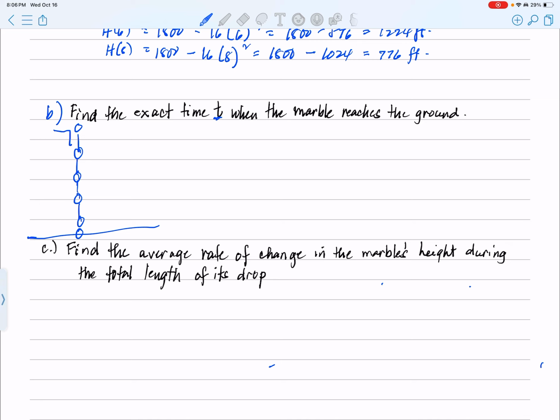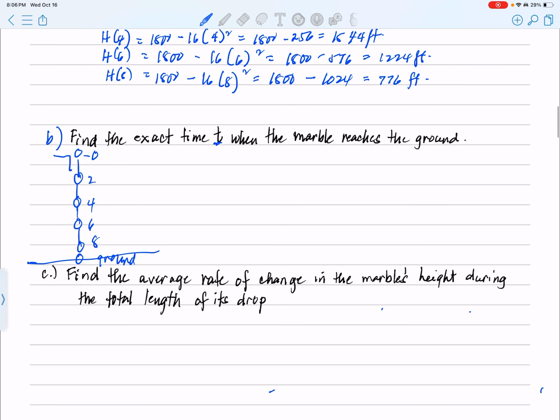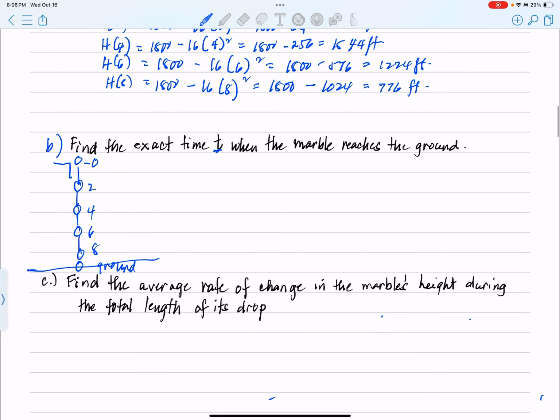This is at 0 time. This is the time when it's 2 seconds, 4, 6, 8. Then this is the ground, when it hits the ground. Okay. The question is, what is the time when it reaches the ground?